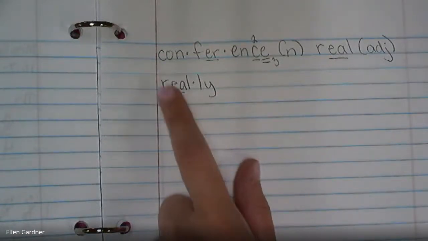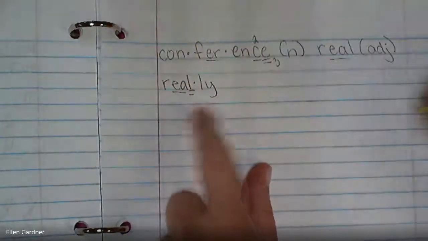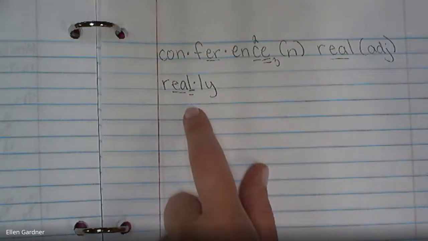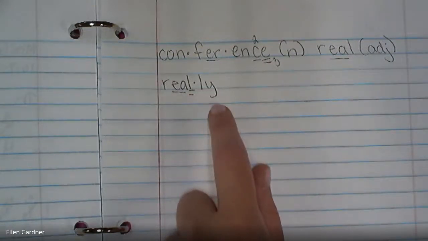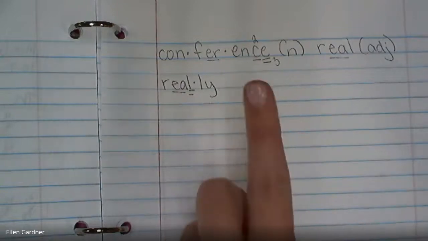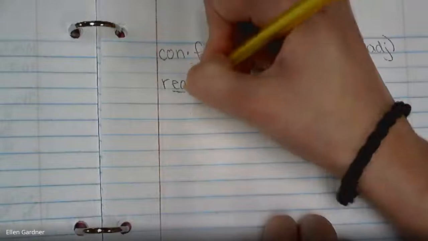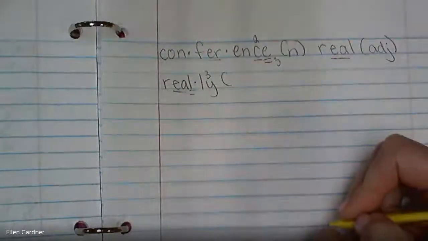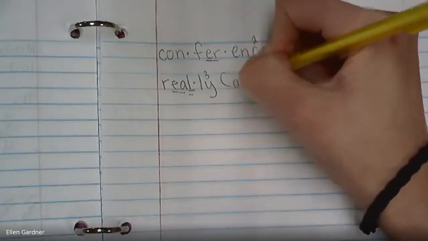Now we pronounce this word really. So this time, since we've got a double L, the first one is silent. Over here, which vowel sound of I-E is being said? I-E. Third sound. What's the part of speech? You said adverb. You are correct.